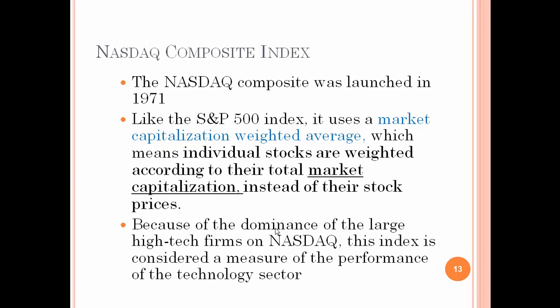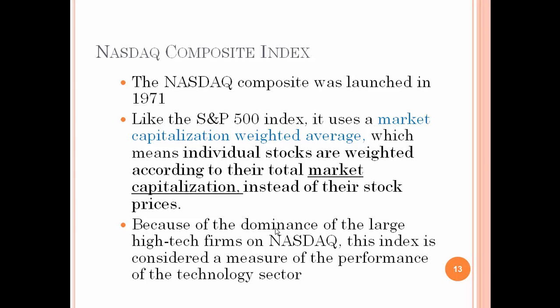The NASDAQ Composite Index was launched in 1971, and it also uses a market capitalization weighted average, which means individual stocks are weighted according to their total market capitalization instead of their own stock price. So think about a stock. If the price is $100, that's the price.